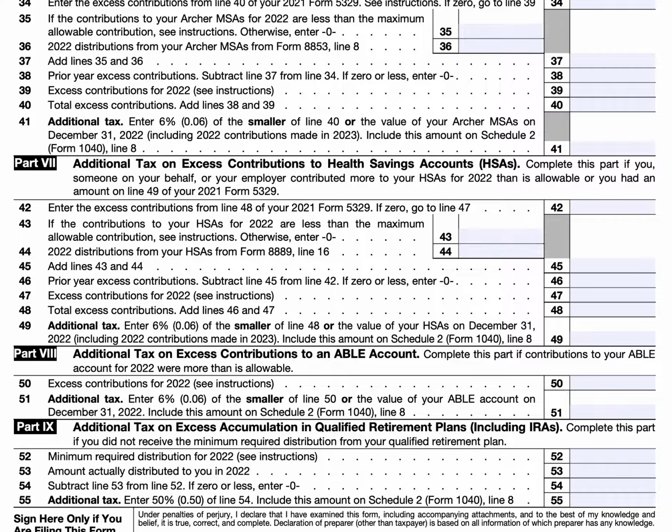If this is your first year of being eligible for required minimum distributions, you should see the form instructions for more detail. Line 53, enter the amount actually distributed to you in the tax year. In line 54, subtract line 53 from line 52. If this number is 0 or less, enter 0. In line 55, enter 50% of the amount on line 54. Include this total on Schedule 2, line 8.